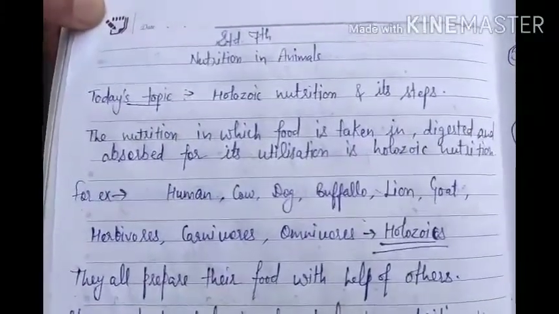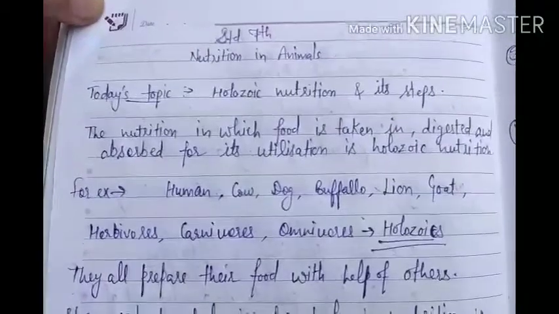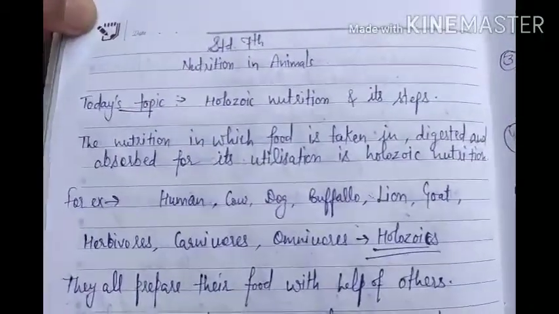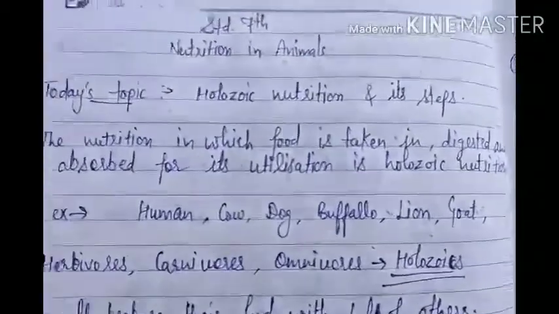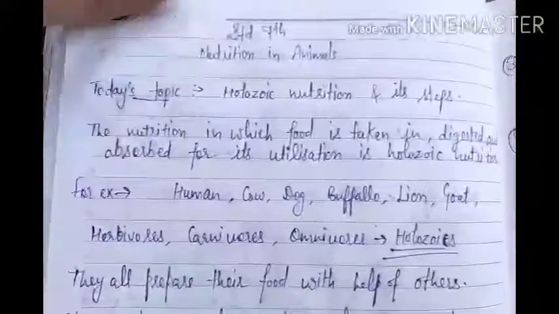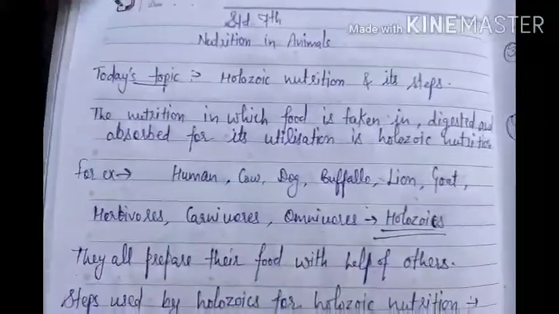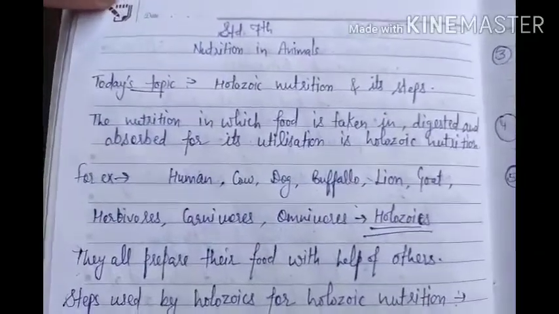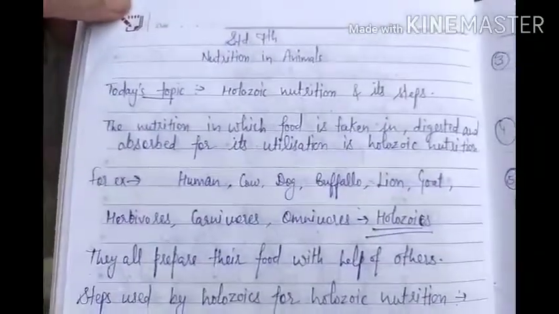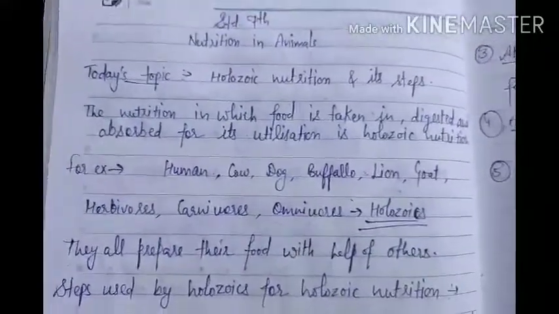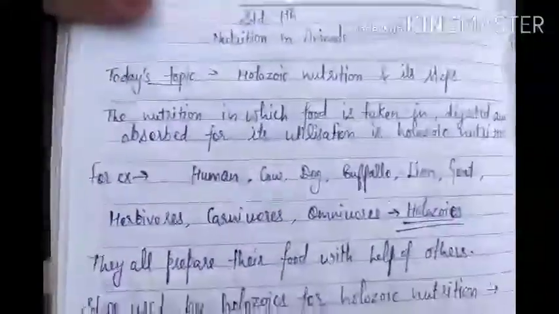Do you know about herbivores, carnivores and omnivores? Herbivores eat only plants, carnivores eat other animals' flesh, omnivores eat both animals' flesh and plants. So we are holozoics, and the nutrition inside our body which we are using is called holozoic nutrition.